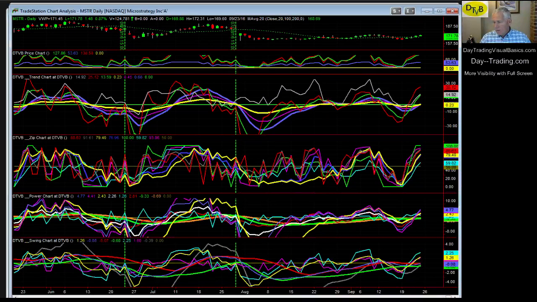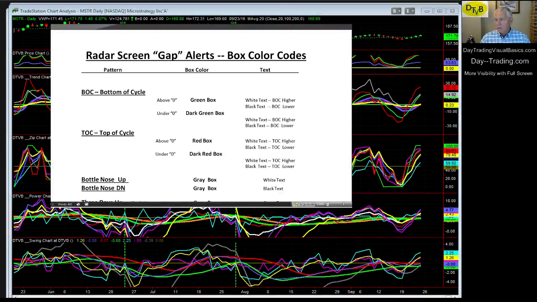I'm going to point out one thing just for your reference so that you know it. Part of our system, we have an alert system, which is basically a radar screen that has the different indicators in columns, and the background color, or the box color, turns a specific color, and that alerts you to what's happening.